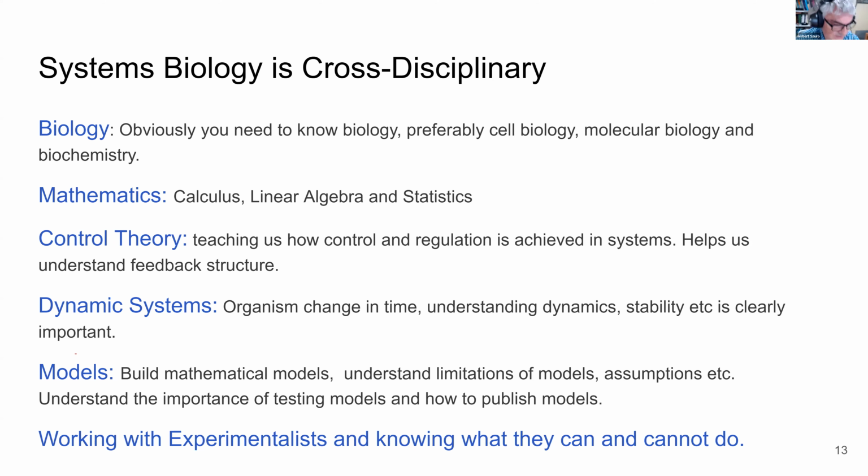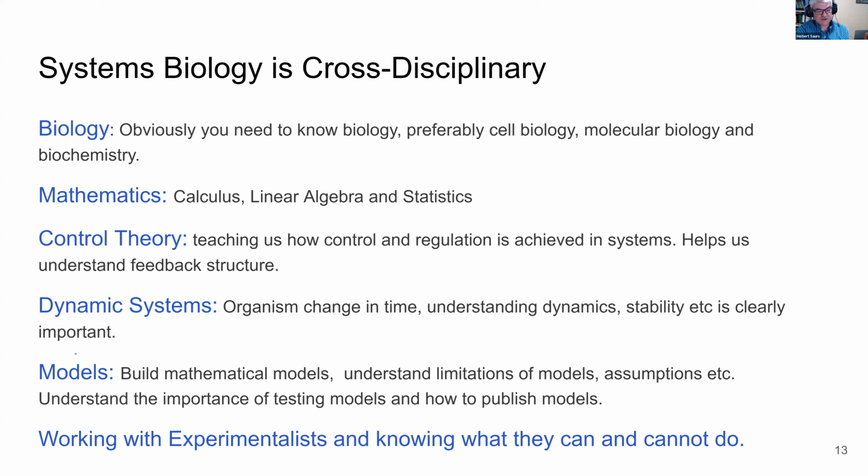Control theory is very useful, not obligatory, but very handy to have. Dynamical systems is pretty important. And of course, building models using some computational tool, be it Python, Julia, R, whatever your favorite tool is. And the last thing, which is rather important, is being able to work with experimentalists.